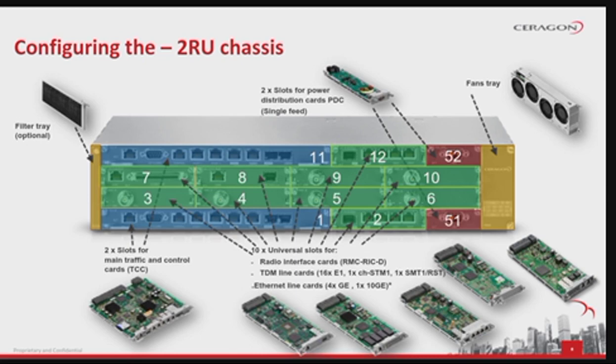IP-20N chassis supports a common set of cards for traffic, radio interface and management. Traffic Control Card, TCC, can be used in 1RU and 2RU chassis. Contains 2 by 1 gigabit Ethernet combo interfaces, electrical or optical. Radio modem cards, RMC. RMCA, based on the same modem technology used in Ceragon's fiber IP-10 series IDUs, including IP-10G and IP-10E.